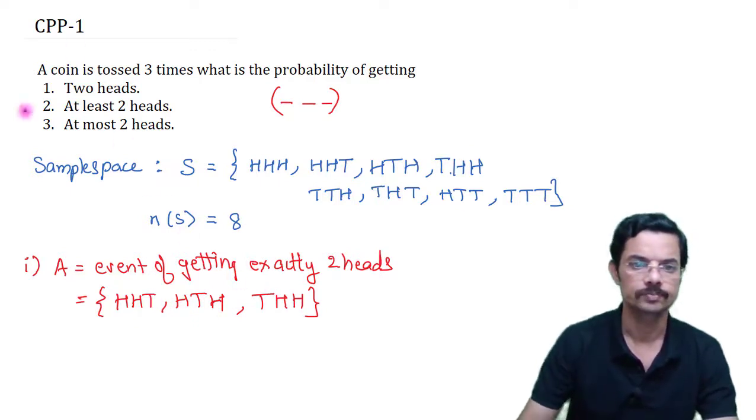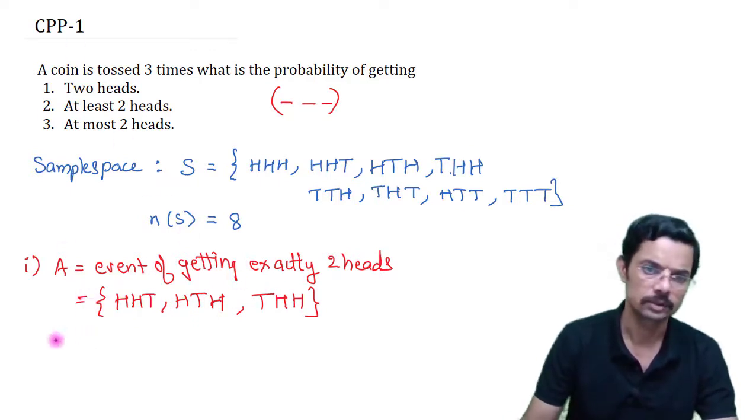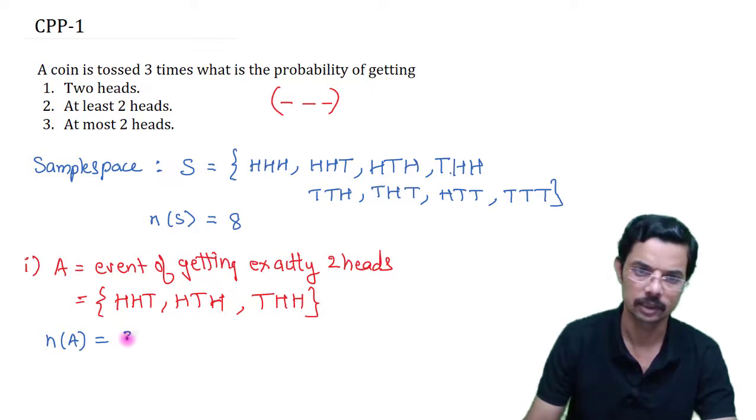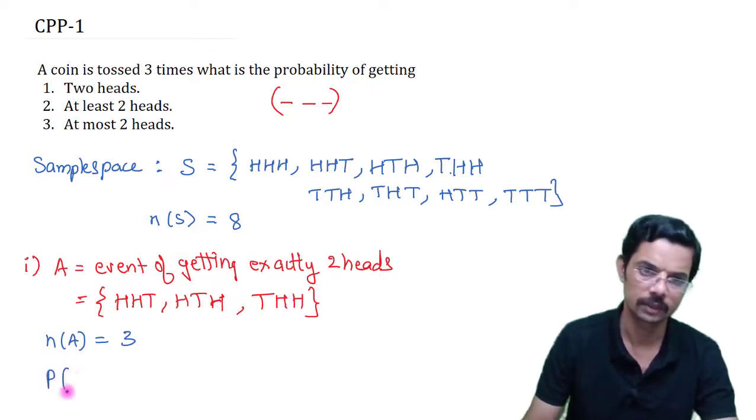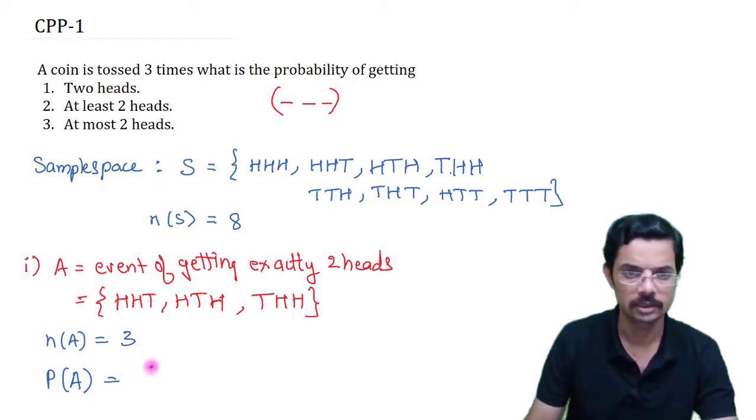Now we can find the number of elements in A. How many elements? 1, 2 and 3. So there are 3 elements. The probability is defined as the number of favorable outcomes divided by the total number of outcomes.